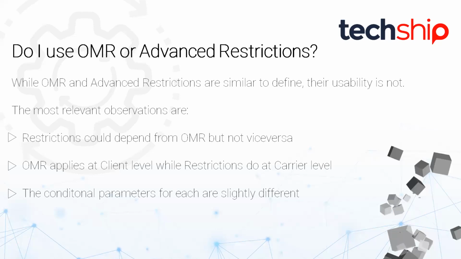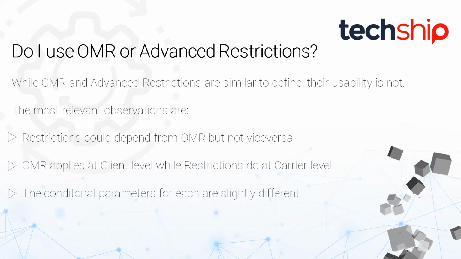Restrictions are applied once you have already attempted to process the order and got rates from the carrier. So TechShip says, if I have restrictions that I only need to get ground and second day rates, but more rates come through, TechShip is going to get all the rates that apply to the case, but it's only going to cherry pick the ones that you selected, ground and two-day, and based on that, restrict it to those two services. But OMR, when it comes to the timeline, executes and acts much earlier than the restriction.